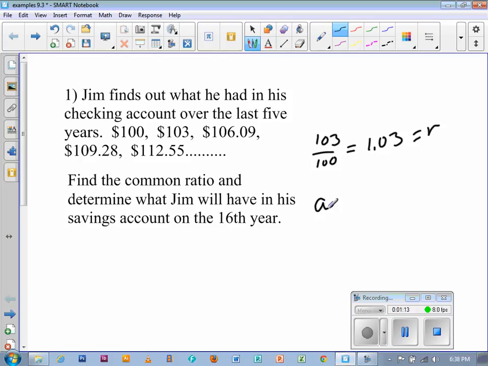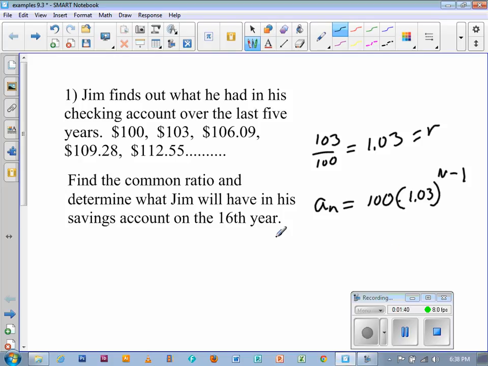A sub n is equal to, if you recall on the previous page, our first term is $100. That's a sub 1 times our common ratio, which is 1.03 to the power of n minus 1. This particular formula, as long as this pattern continues in his checking account, will represent any amount that he has at any given time.